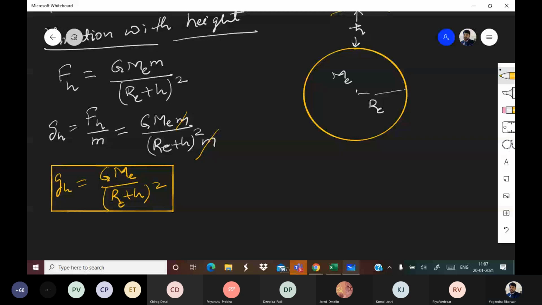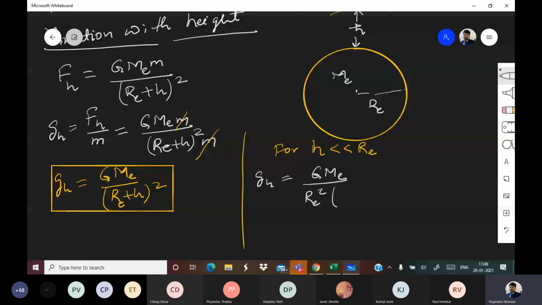Now, for H very much less than RE. So if height is much lesser than the radius of Earth, then what will happen? Pay attention. We can write GH is equal to G ME upon RE square, I have taken RE common, and this will be 1 plus H upon RE whole square.